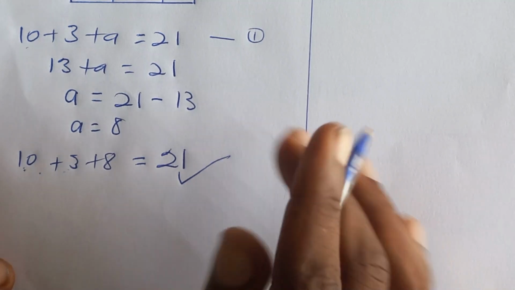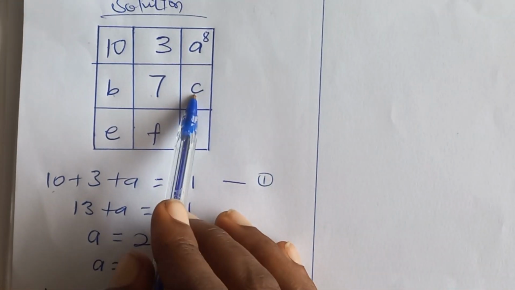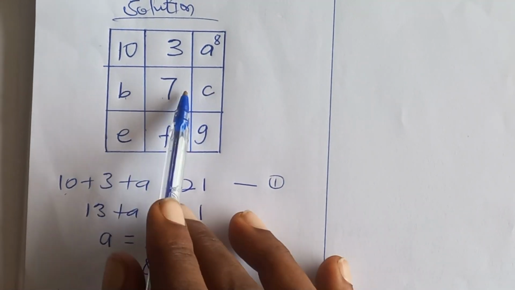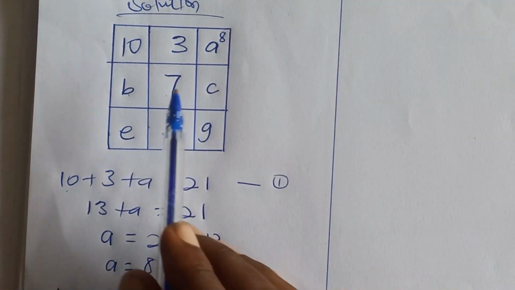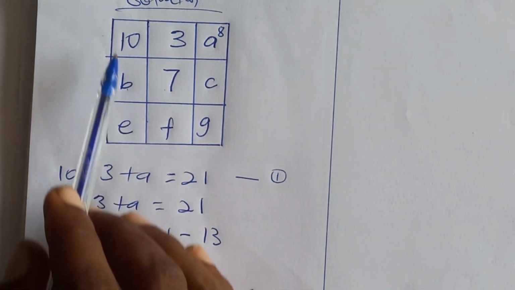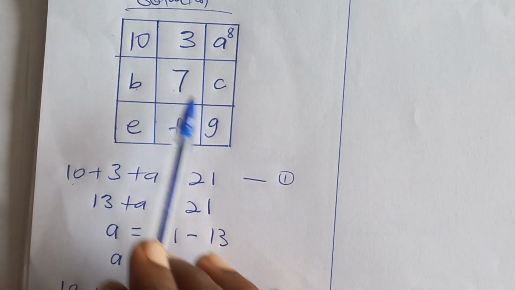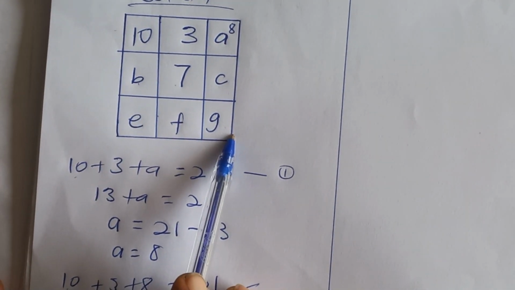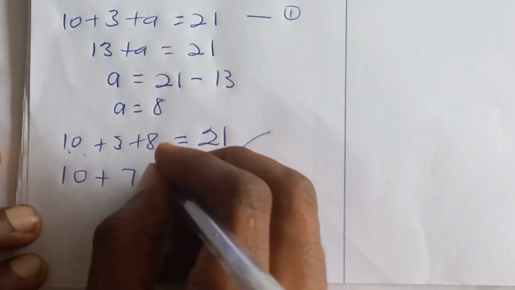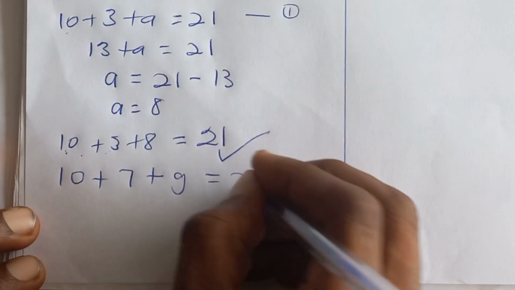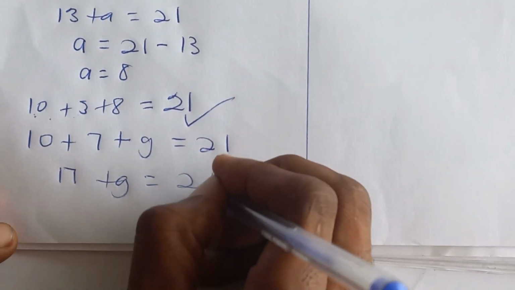Now, we can decide to take B plus 7 plus C, but in this case, we are going to end up getting simultaneous equations. So let's take the first leading diagonal, which is 10 plus 7 plus G, so that we can get our G. We are going to get 10 plus 7 plus G is equal to 21. So we get 17 plus G is equal to 21.